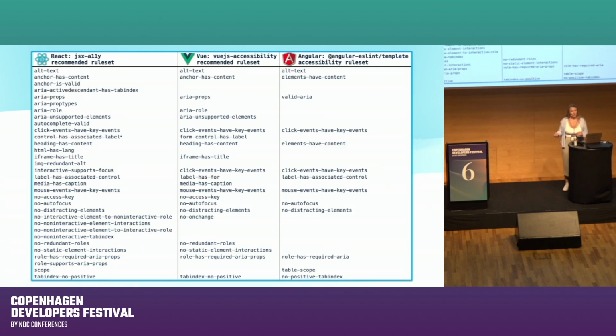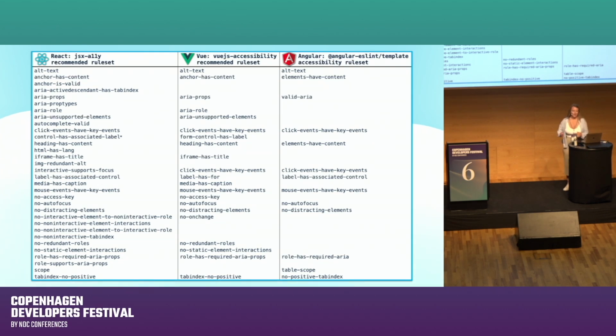There's a comparable recommended accessibility rule set in each of these plugins, which I've listed here on the screen, quite a lot of them. They can detect many common accessibility issues. The plugin for React, JSX-A11Y, came first, and this is where the rule set was initially developed and has the most comprehensive set of rules.